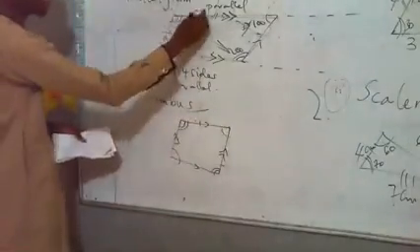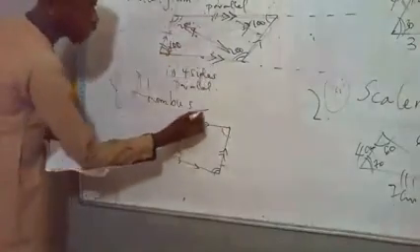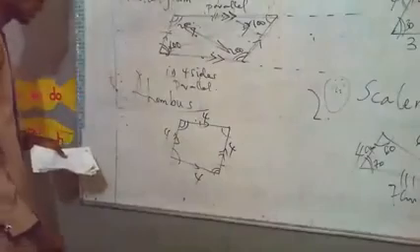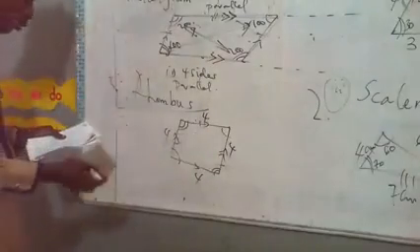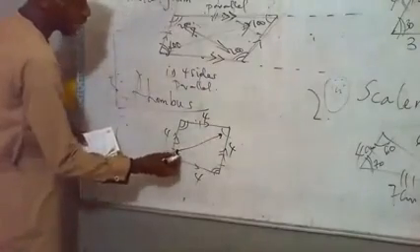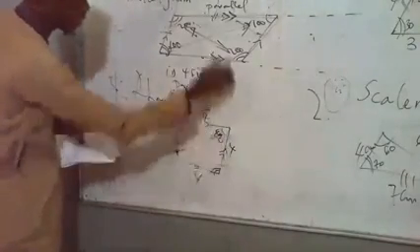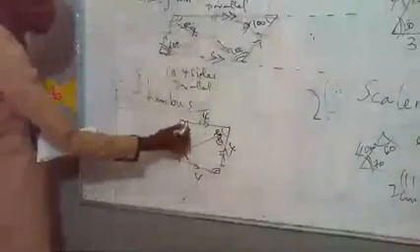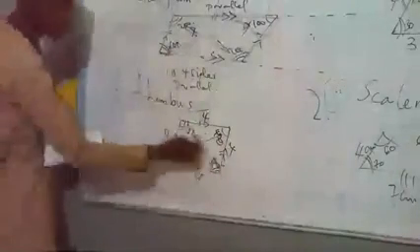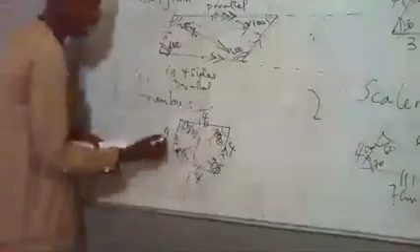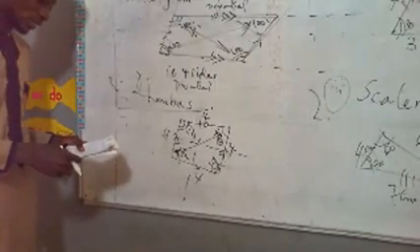It's not like the parallelogram that has opposite sides that are equal. Here, if this side is 4, this place will be 4. It's like a square, for example. So all the sides are equal. Opposite angles too are equal. If this place is 40, this place too will be 40. If this place is 50, this place will be 50. Opposite angles are equal, and it has two lines of symmetry.